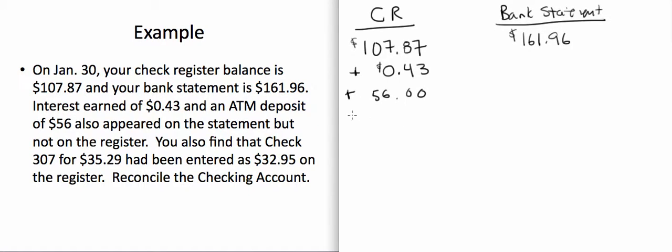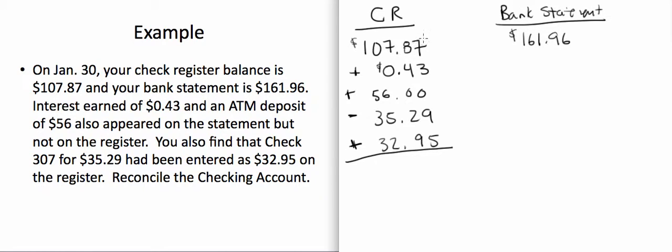So what that means is now there's going to be a value of $35.29 that needs to come out of your check register because you wrote that check for that amount, but then you add in the $32.95. You add in that amount that you recorded it for originally. You add that back in. Okay, so this is the new amount that you have to take out because the check was written wrong, but you add back in the amount that was wrongly written.